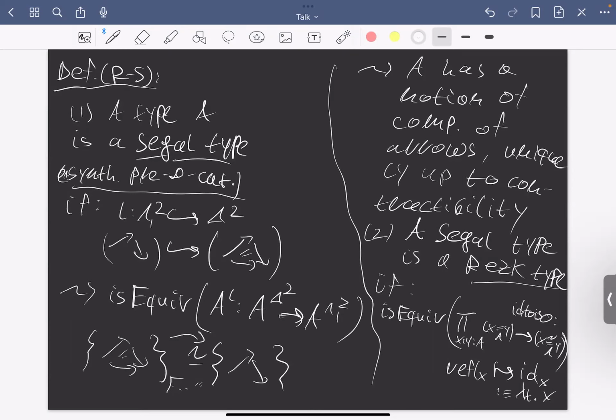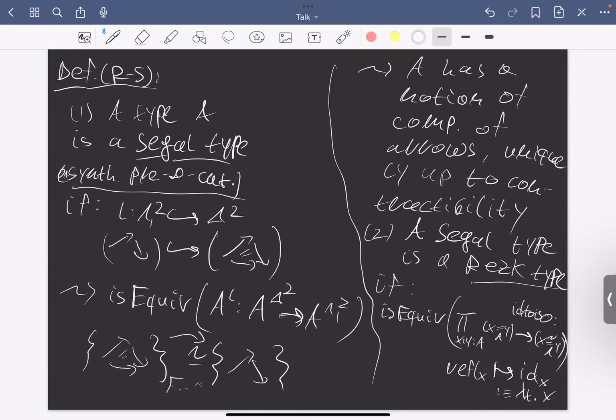Since we're looking at a family over a path type, we can define the section by path induction in that canonical way. So this is the canonical comparison between identities in the sense of the intensional identity type and isos in the sense of the directed Hom type.